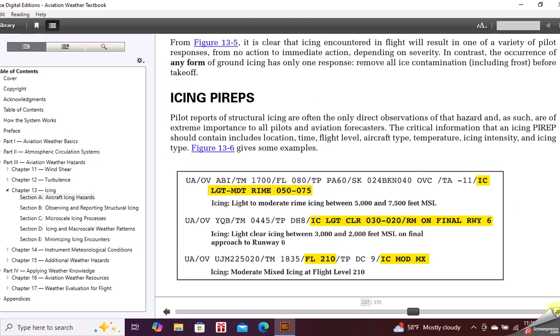PIREPs. If you were on the ground and used windows to look out, we'd have observations of what's going on. Well, pilots do the same by literally doing these PIREPs. These PIREPs are invaluable. If you contribute information to them or take information from them, they can tell you what is going on at different spots of the atmosphere.